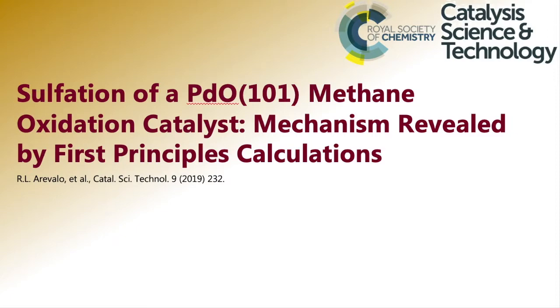So in this contribution, first principles calculations based on density functional theory with van der Waals correction were used to reveal the mechanism of palladium oxide 101 sulfation in relation to the activation of methane. In particular, we identified the mechanistic paths toward SO4 formation or sulfation on the palladium oxide 101 surface and describe how the active sites for methane activation are altered by the adsorption and subsequent oxidation of SO2.